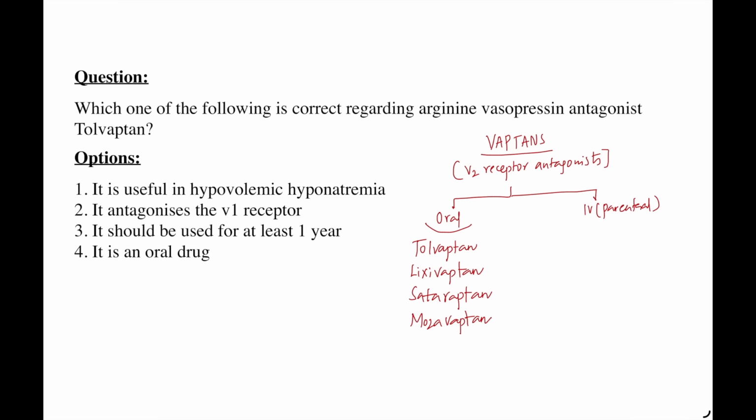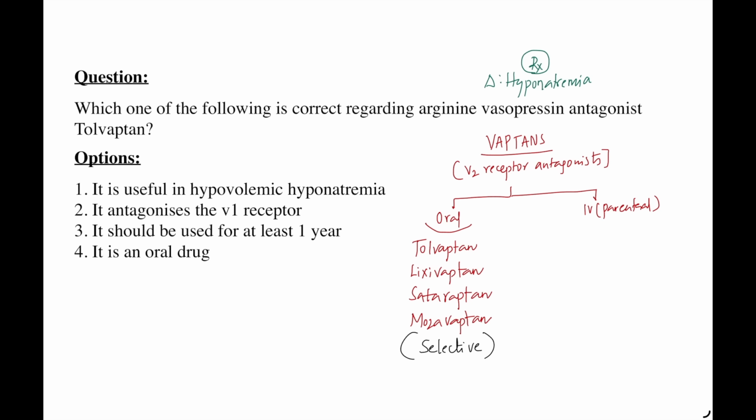So these are the vaptan drugs, or vaptans, which are selective V2 receptor antagonists. They specifically target the V2 receptor, which works against hyponatremia, because for treatment of hyponatremia we use these vaptans.